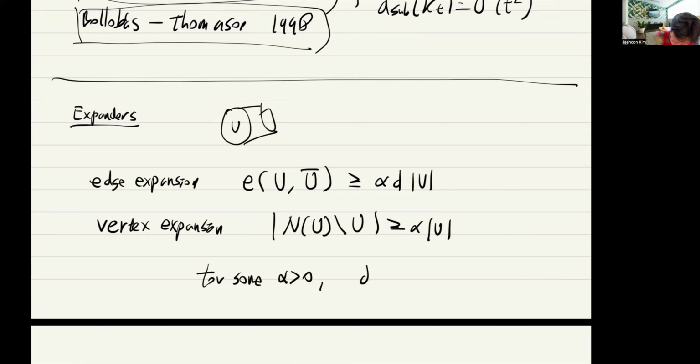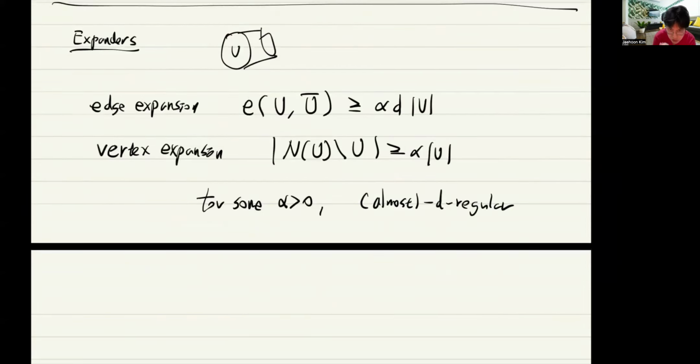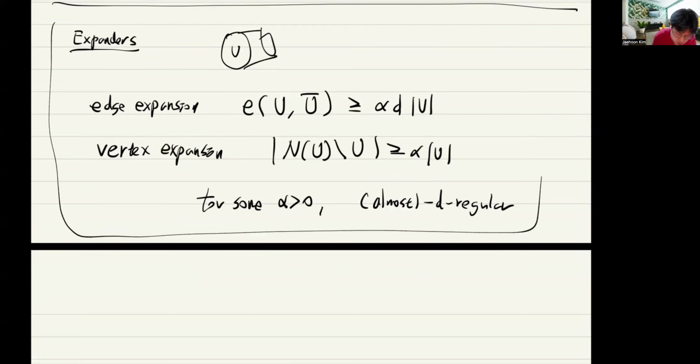And usually you consider the graph as more or less D-regular, either completely D-regular or most of the vertices have degree close to D. Those are the usual setups.